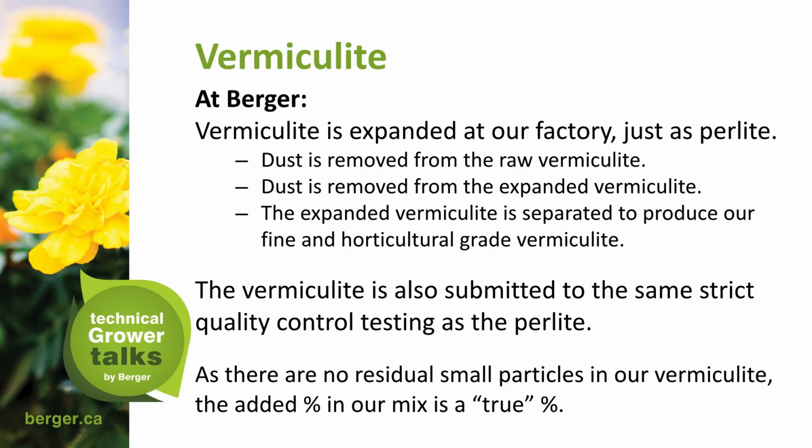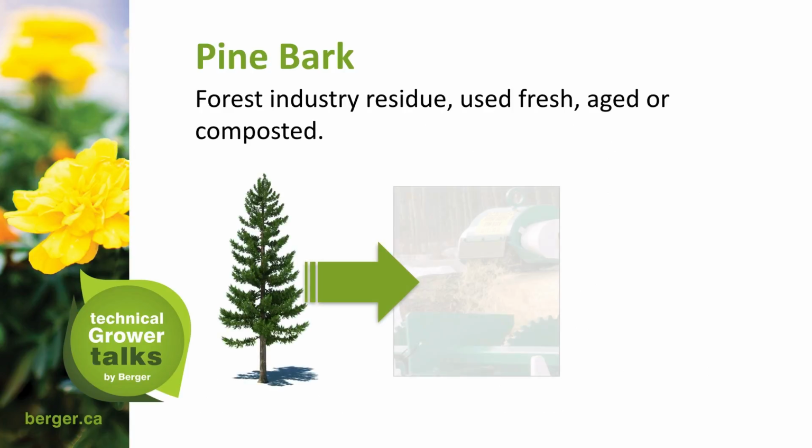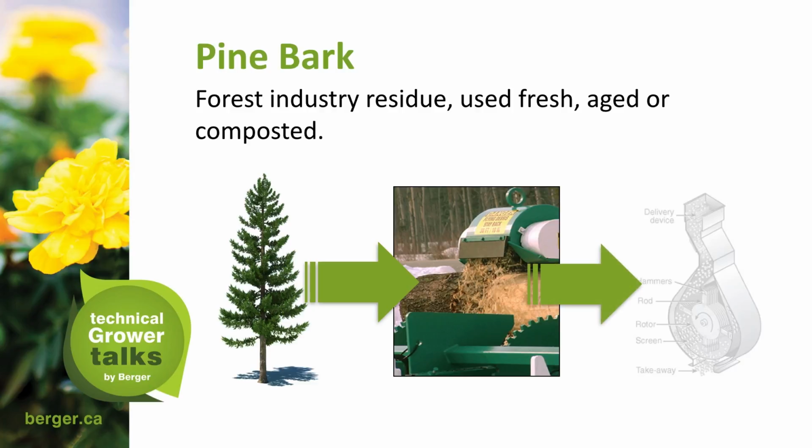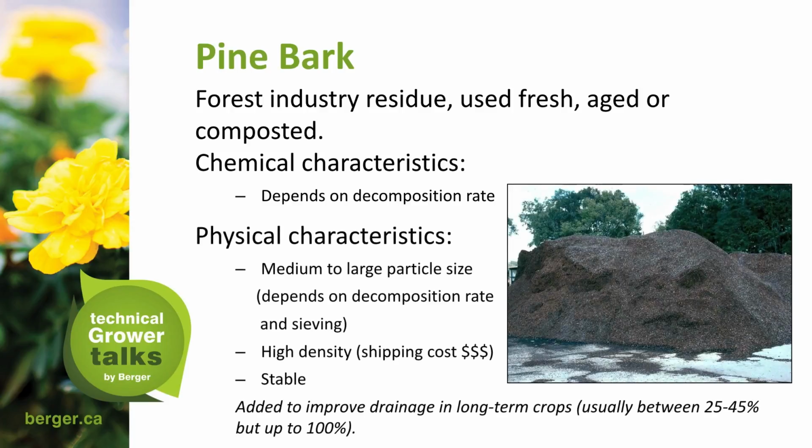Pine bark: forest industry residue, used fresh, aged, or composted. Chemical characteristics depend on decomposition rate. Physical characteristics: medium to large particle size, depending on decomposition rate and the sieving process.